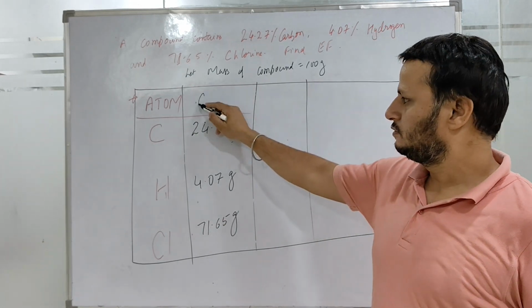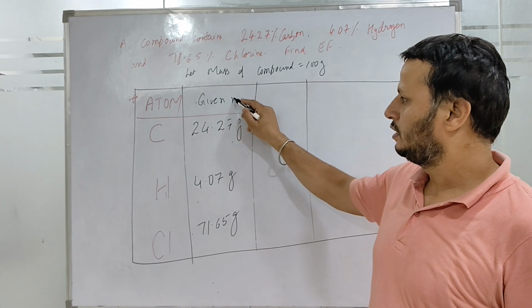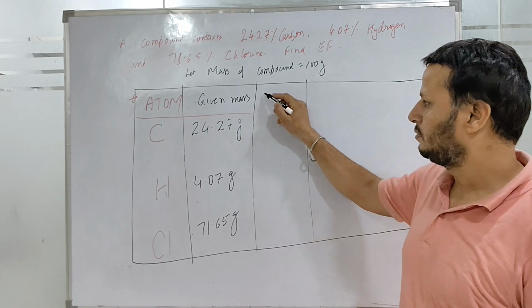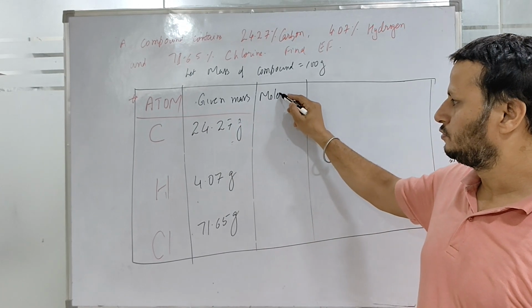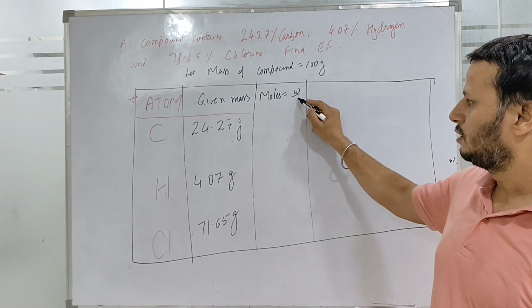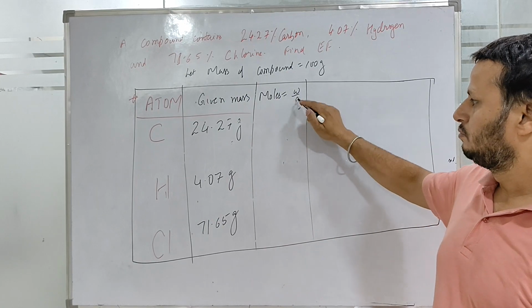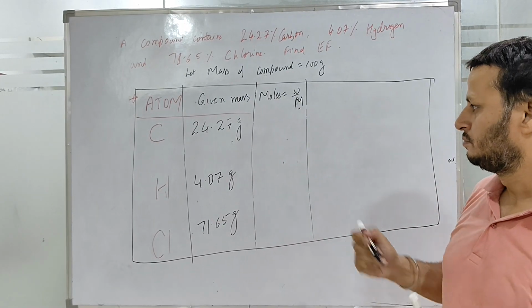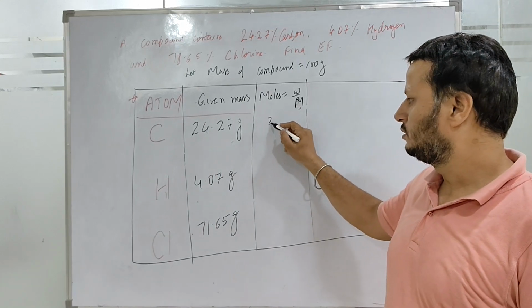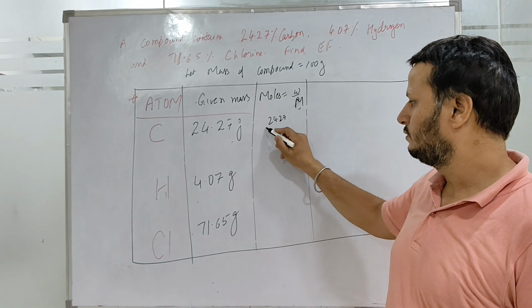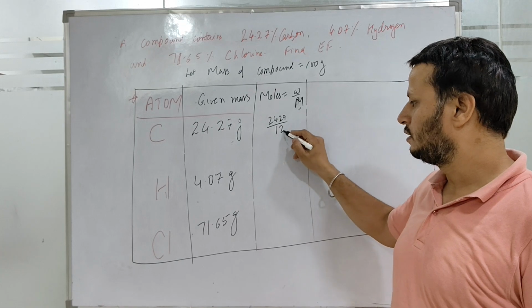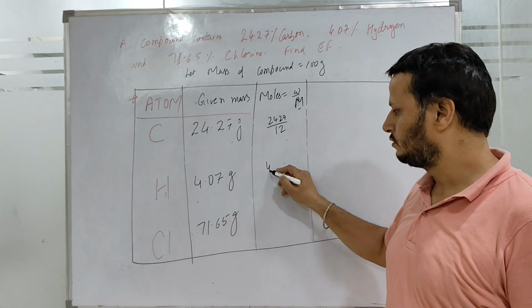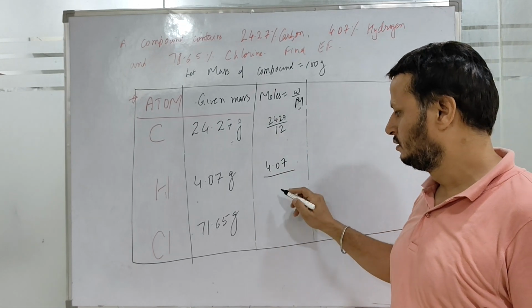So this is the given mass and we have to convert given mass into moles by using formula given mass by molar mass. So moles of carbon 24.27 divided by 12. Moles of hydrogen 4.07.